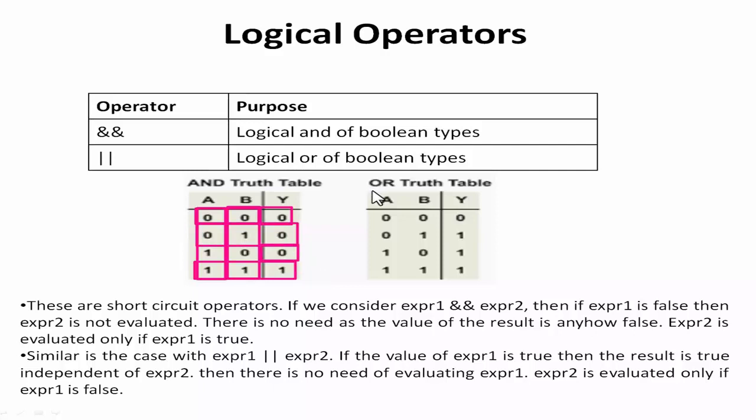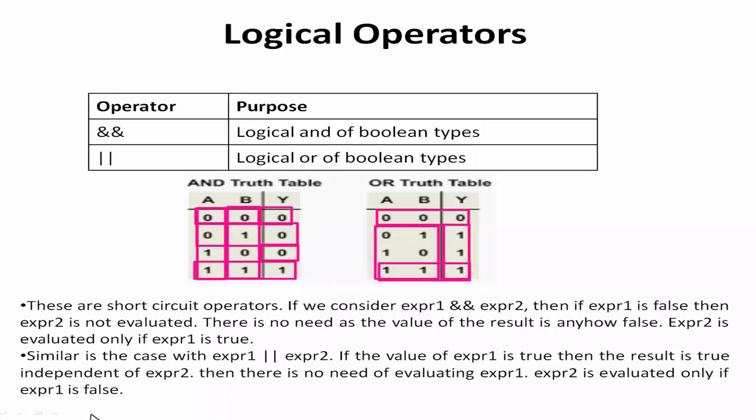Next one is OR operator. In OR operator, if either one is true, the result is true, otherwise it will be false. Here 0 1 results in 1, 1 0 also results in 1, 1 1 is also 1. False false results in false only, because neither one is true.